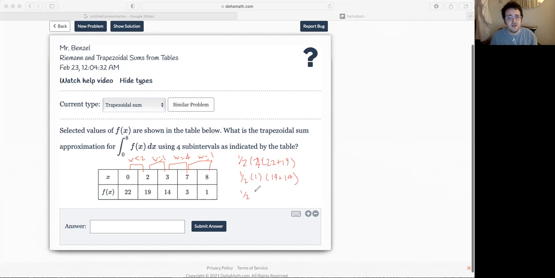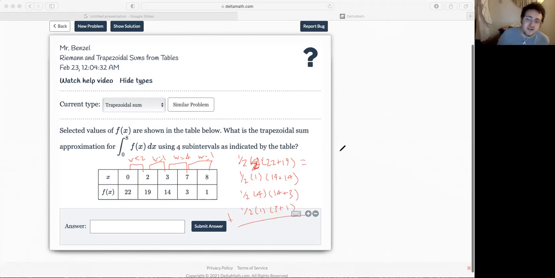And then I have 1/2 times 4, and that's going to be 14 plus 3. And then on this last one, it's going to be 1/2 times 1 times 3 plus 1. And we're just going to add those up.